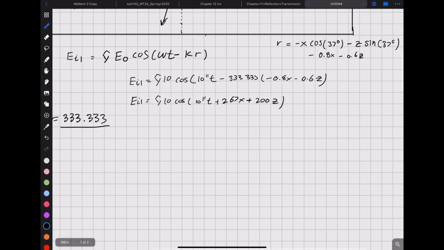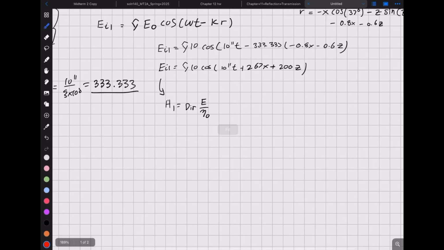Okay. Now, going from that to H, looking at the equation cheat sheet, our H1 is going to equal, so we're going to need the direction part of it, E over eta naught, because we're in air. Let's write that in red so remember that we're in air.